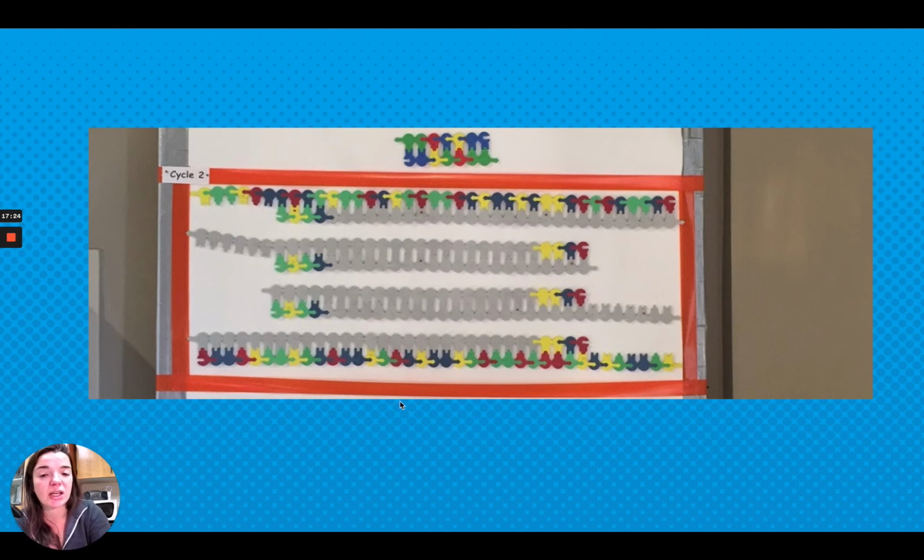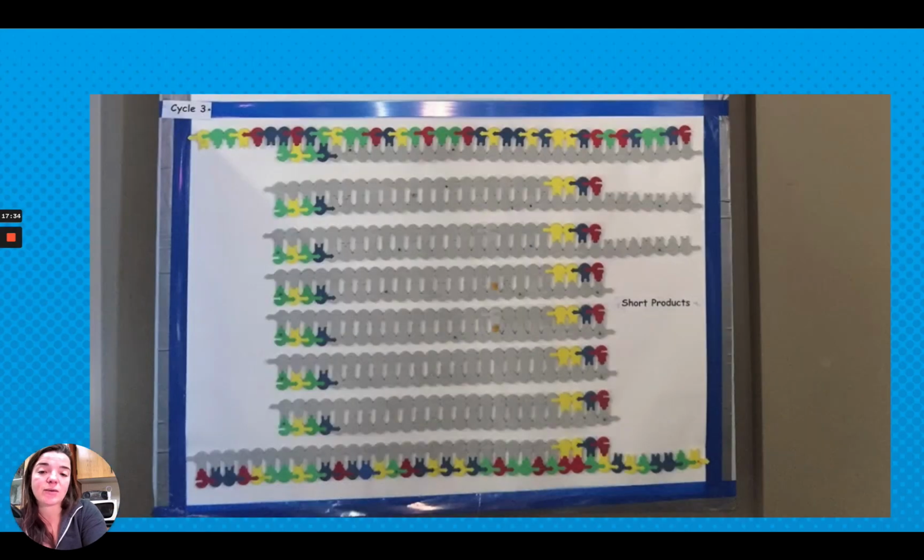Once that chain gets fully elongated, you will now go from two parent strands to 4, from 4 to 8, and from 8 we'll keep moving and keep cycling, each cycle becoming more and more of your total number. These short PCR products that you see here, these are what your target sequence is.